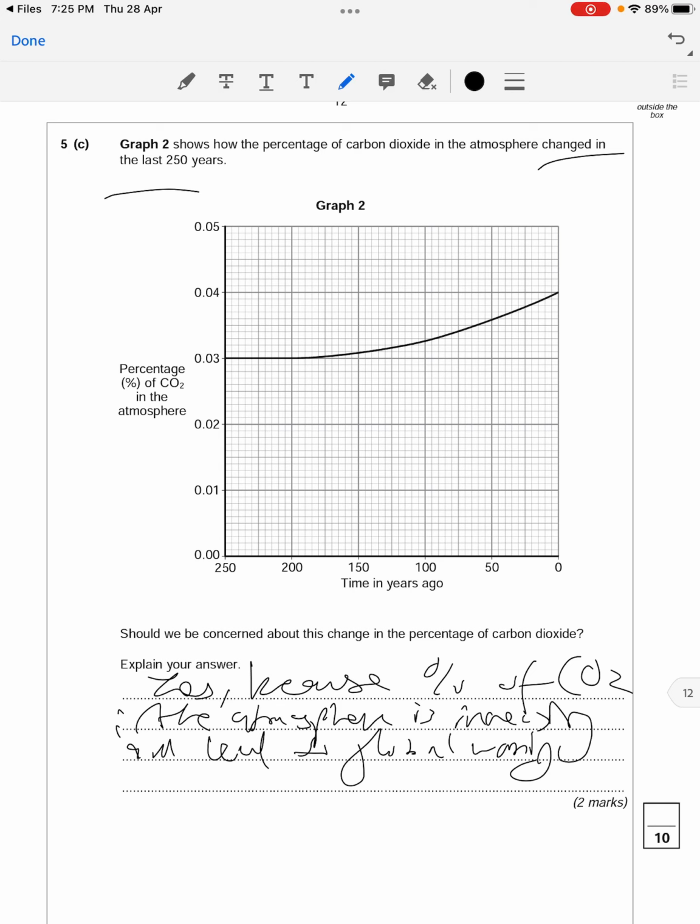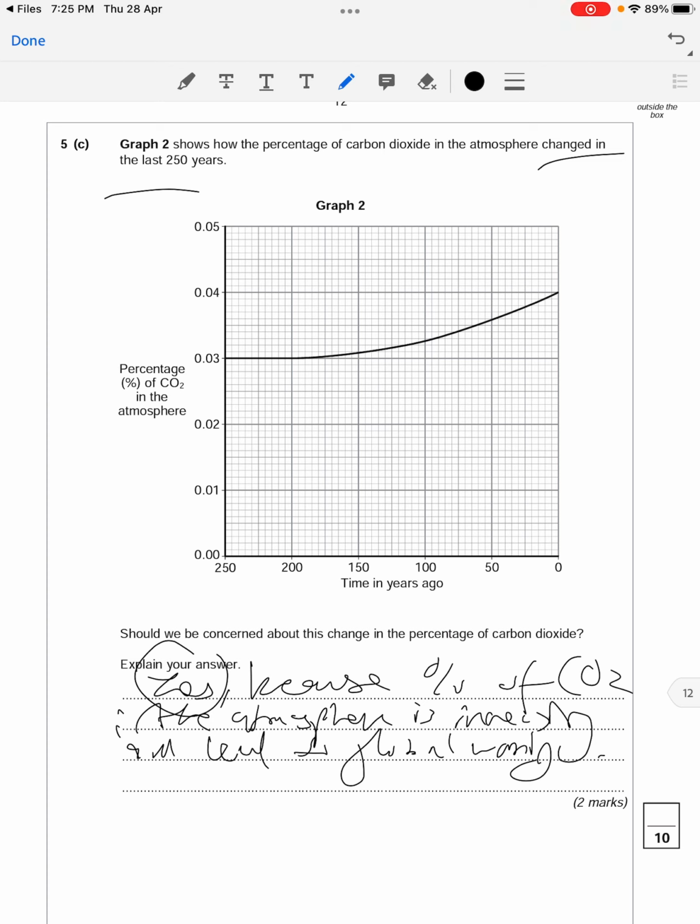So my reason is yes, because as you can see, the graph shows an upward trend. The percentage of carbon dioxide in the atmosphere increases, which can lead to global warming.